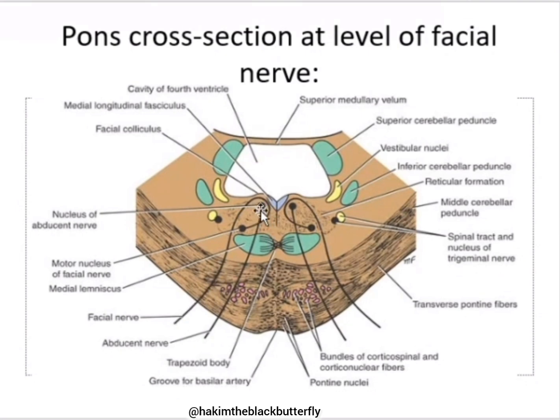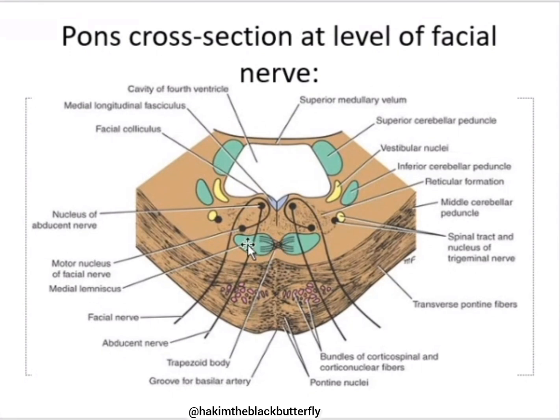Then you're also going to see the nucleus of the abducent nerve. Then you're going to see anteriorly the medial lemniscus, and there are fibers connecting the two medial lemnisci known as the trapezoid bodies.